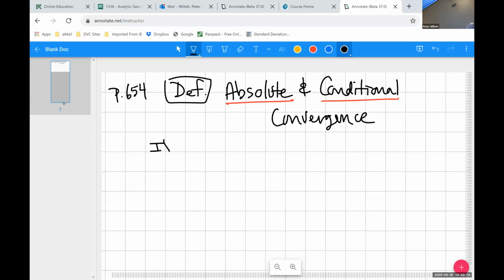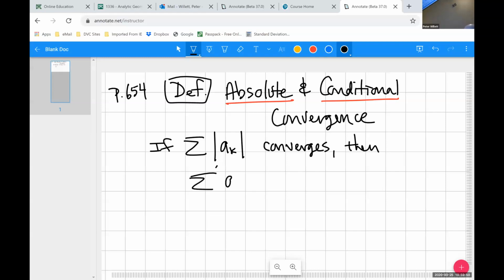It says if the series of the absolute value of a sub k's converges, then if I take away the absolute value on the series, we write then the series of a sub k's converges absolutely.